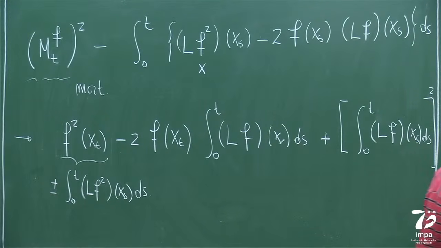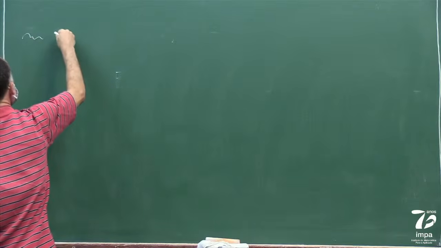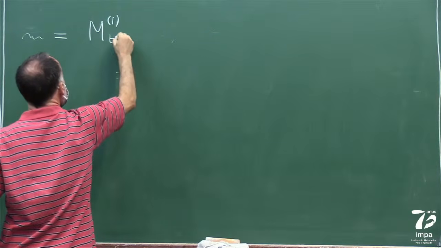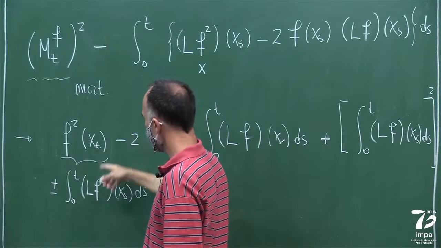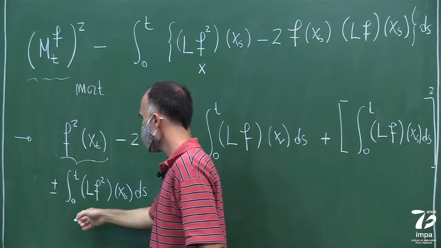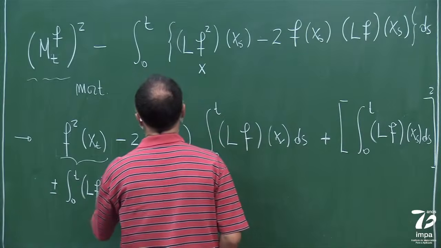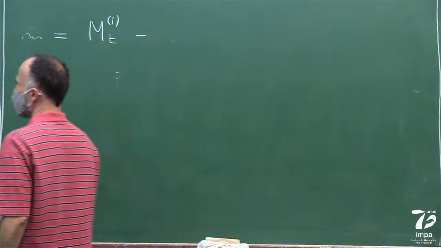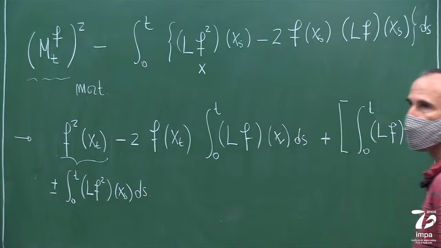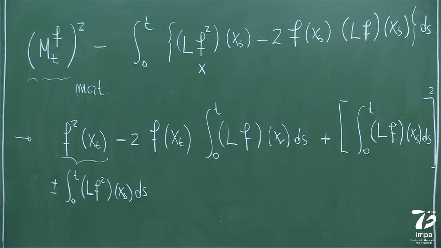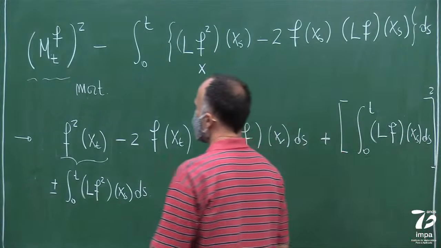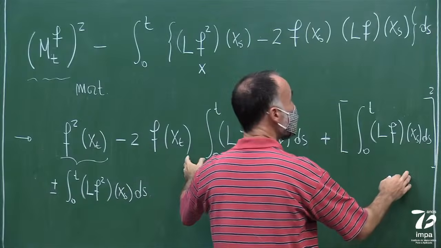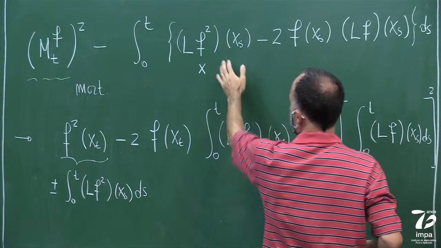So the first term is equal to a martingale, which is f squared minus the integral of L f squared, and then I have the plus, but the plus has cancelled with this one. And so this is a martingale minus these two terms. So up to now, I just expressed it as these two terms plus a martingale plus a term which cancels with this one.